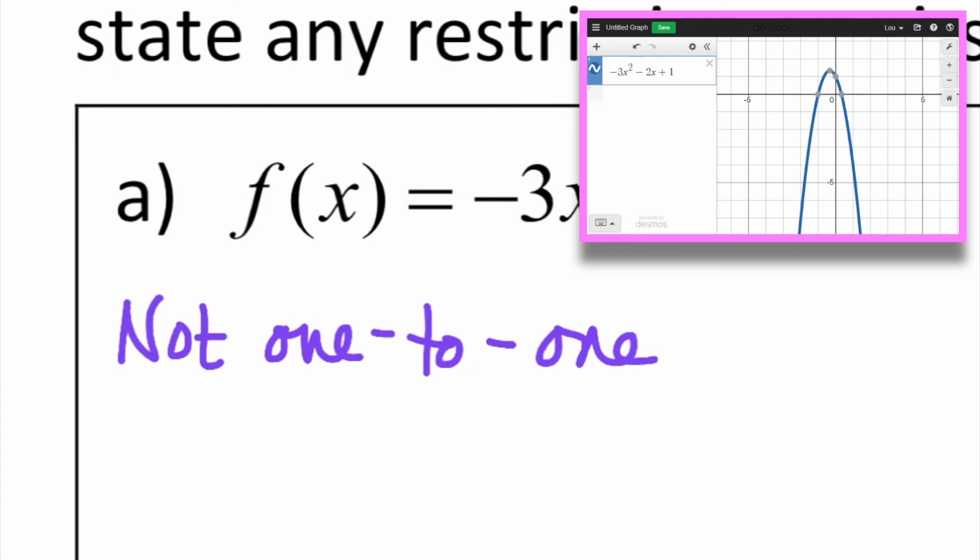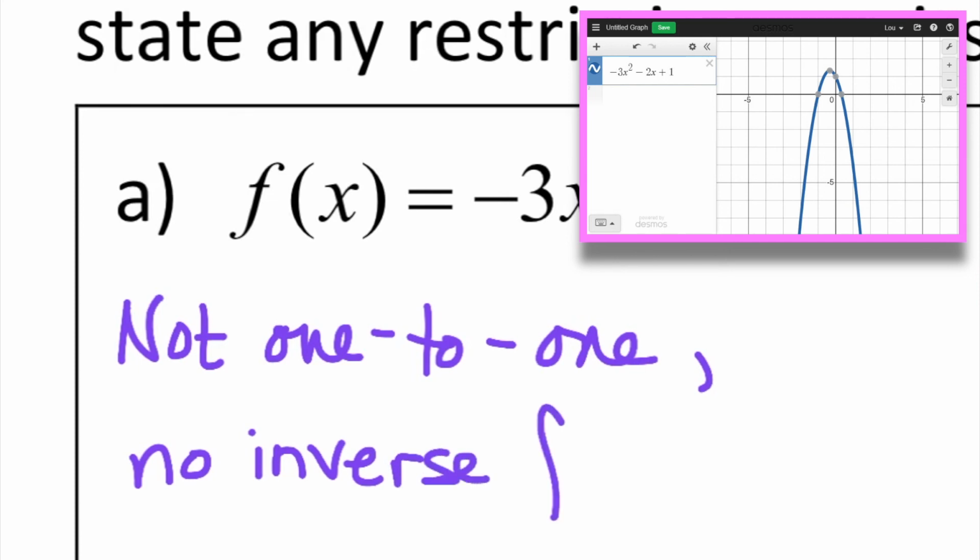That's your reason why. And then the answer is no inverse function. It's not 1-to-1, therefore there is no inverse function.